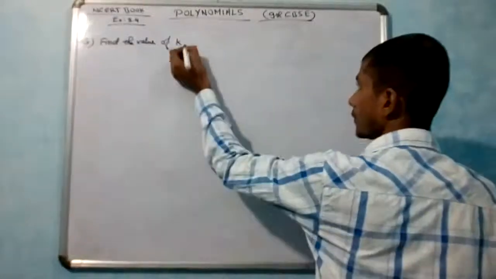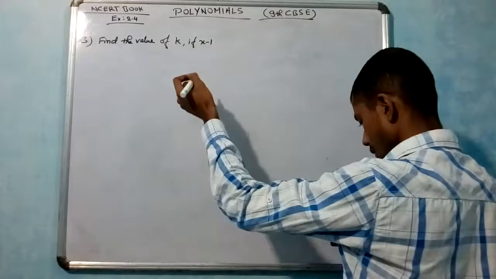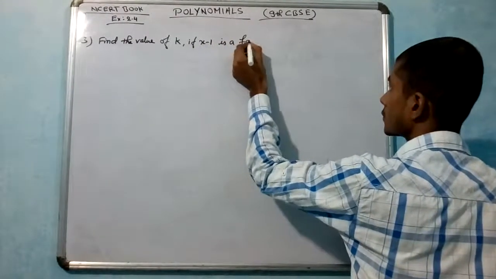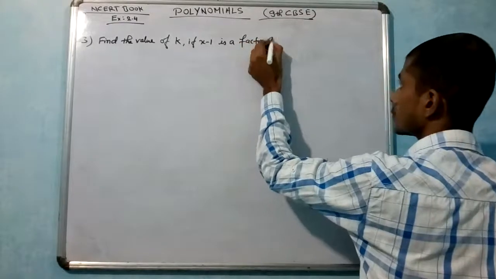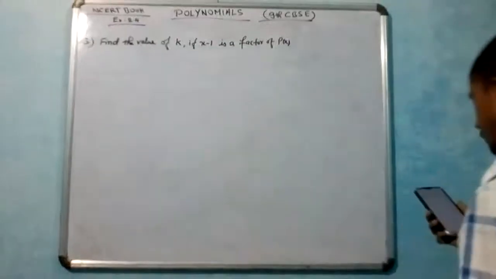Find the value of k if x minus 1 is a factor of p(x) in each of the following cases.